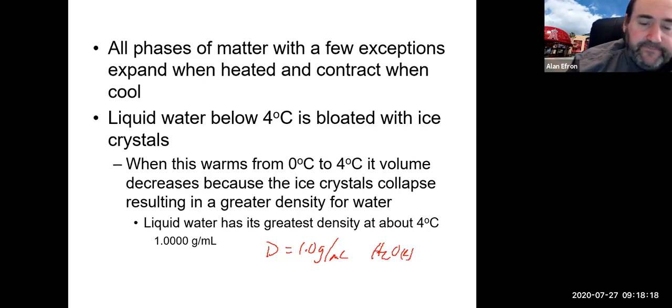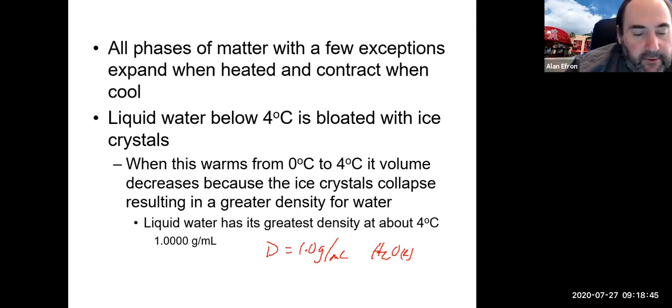Density does change with temperature. So the density of liquid water will be different depending on the temperature. Its greatest density is about 1 gram per milliliter, at about 4 degrees Celsius. Anything less than that will be lower in density and will sort of float.